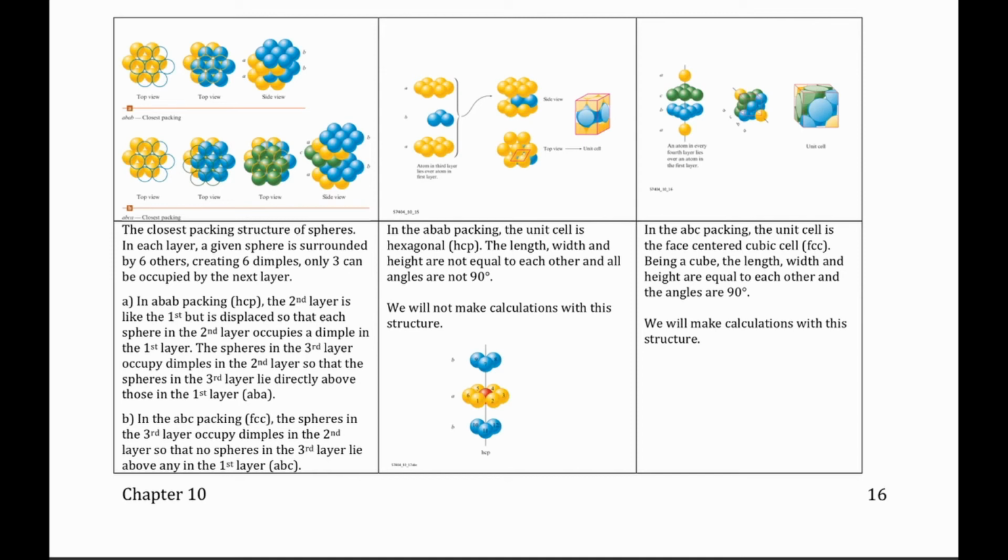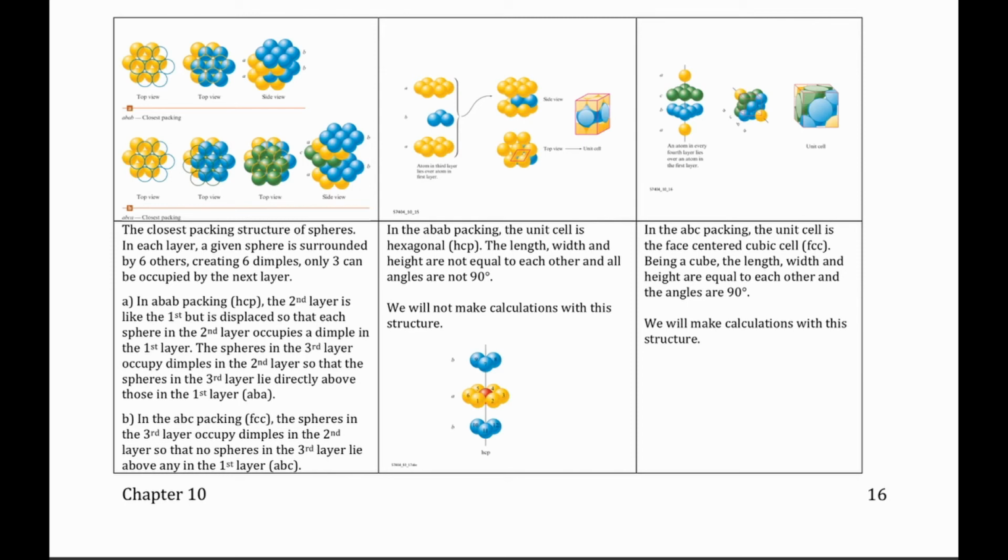In the second row there, we have the face-centered cubic, the ABC packing. In the ABC packing, FCC, the spheres in the third layer occupy the dimples in the second layer so that no sphere in the third layer lies above any in the first layer.